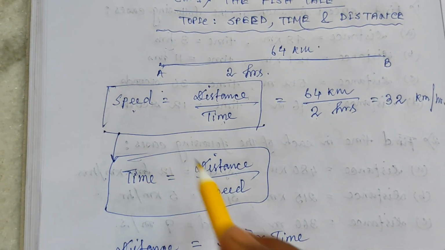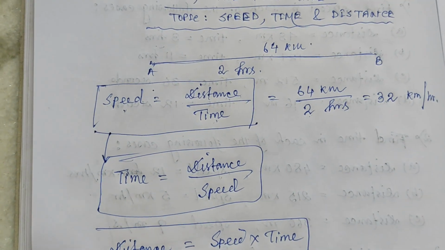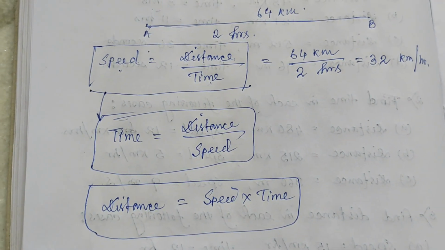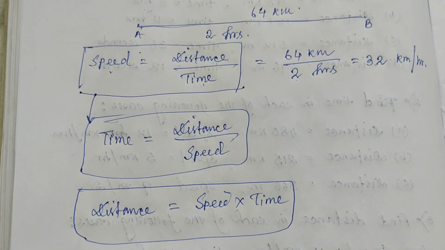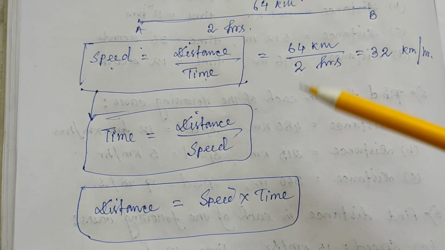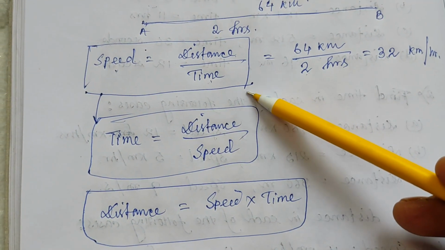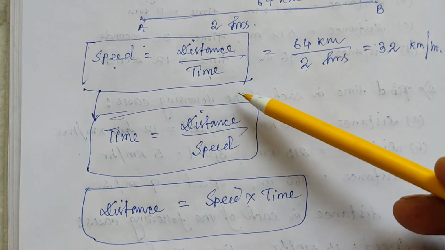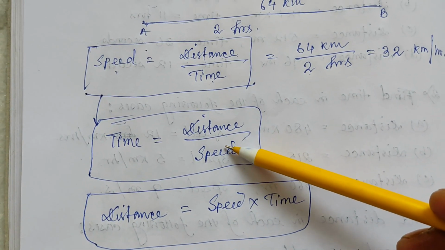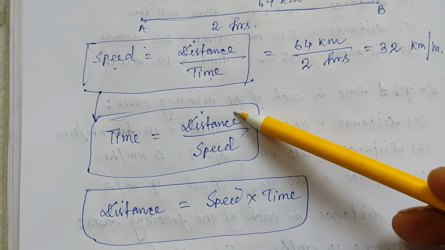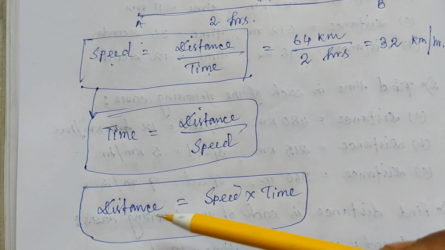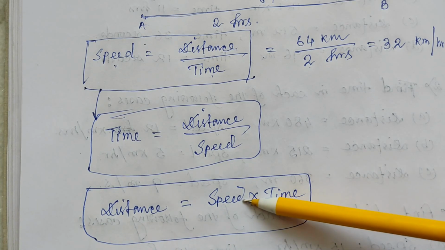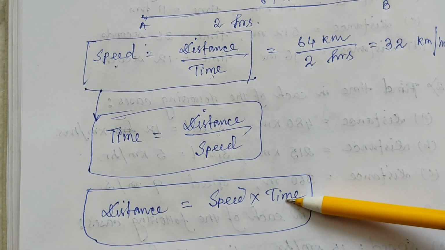So these three formulas, everyone keep in mind and remember. First one, speed equals distance by time. Second one, time equals distance by speed. Third one, distance equals speed into time.